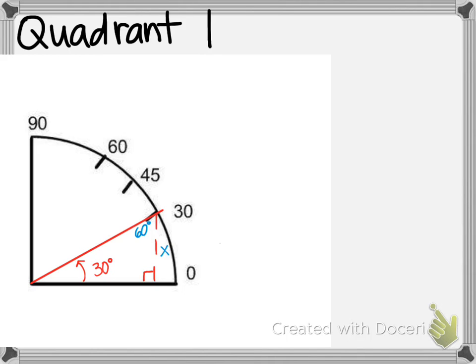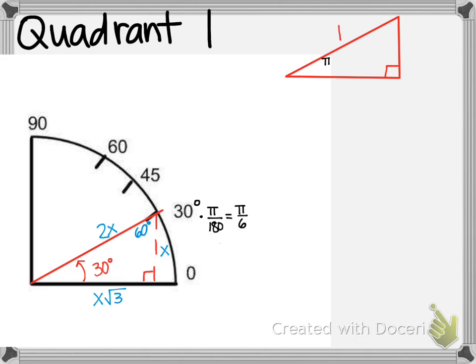And I have a 30, 60, 90 triangle, and I know that my sides will be in this ratio. If I wanted to make this specific to our problem, I can look just at this triangle. I know the radius is 1. So if the radius is 1, I can put that in.